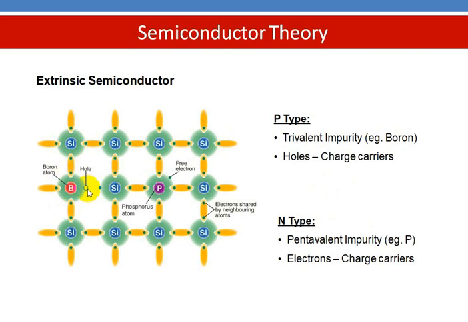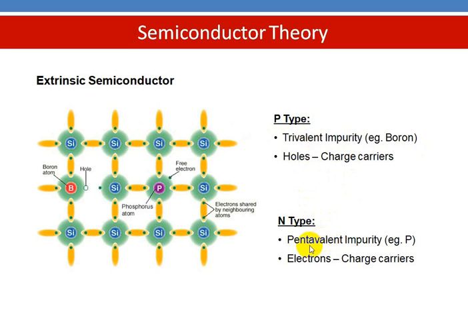So that is called a hole. The holes will be the charge carriers in this case. If you dope silicon with a trivalent impurity, we get a p-type material, where holes are the charge carriers.